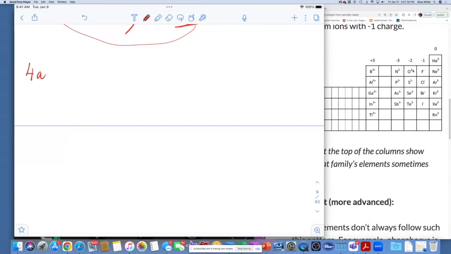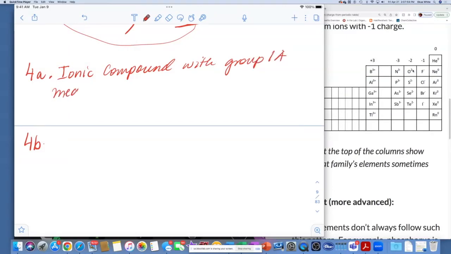So 4A and 4B deals with compounds. If you have an ionic compound with a group 1A metal, the metal has an oxidation number of 1.